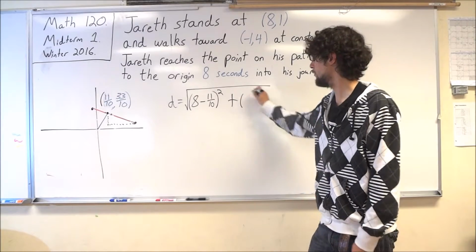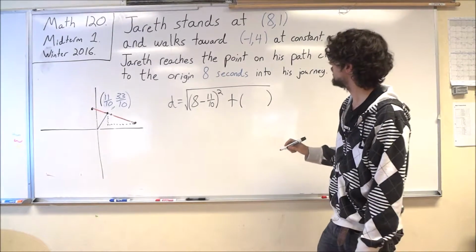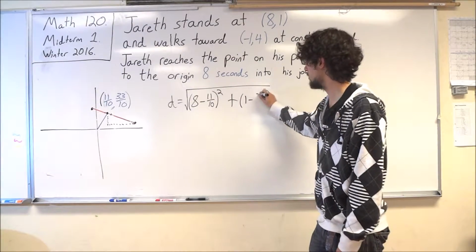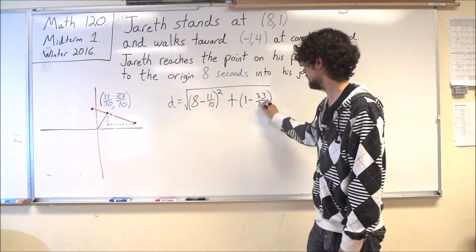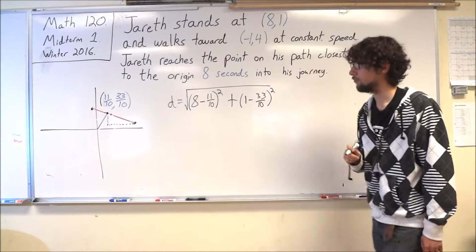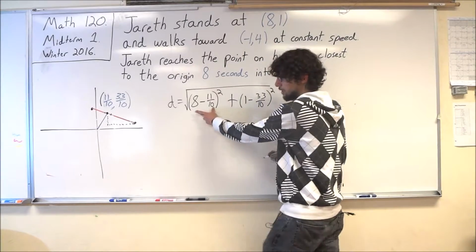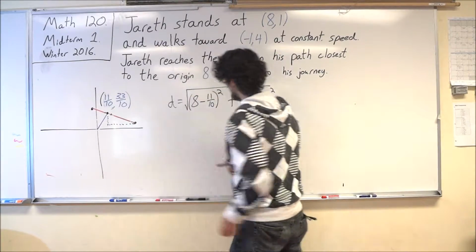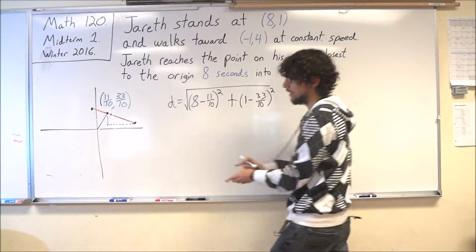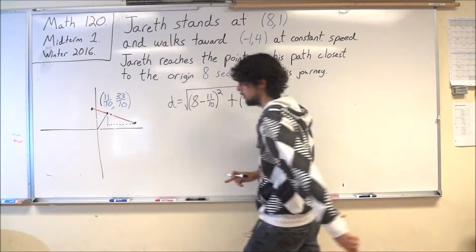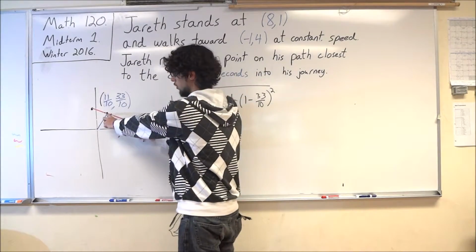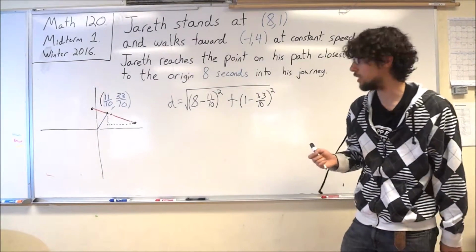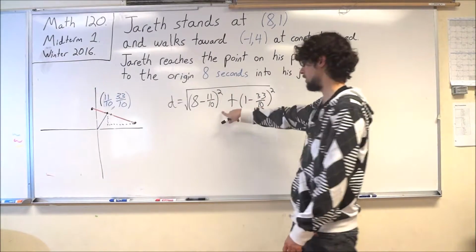And the difference in the y coordinates is 1 minus 33/10. So 8 minus 11/10 is the length of this side of the triangle, and 1 minus 33/10 is the length of this side. The hypotenuse of the triangle, or the distance between the 2 points in question, is the square root of this.